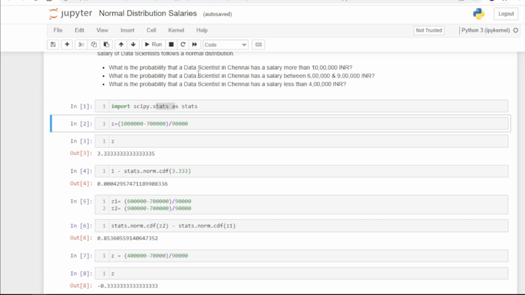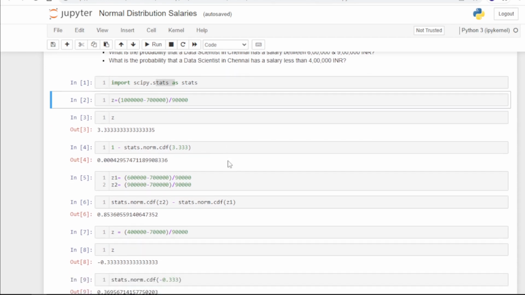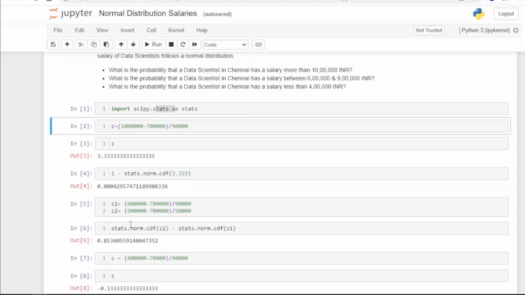Next question is, what is the probability that a data scientist in Chennai has a salary between 6 lakh and 9 lakh per annum? So again, for both of these values, we will get the Z-score for 6 lakh salary and above, Z1, and below 9 lakh, Z2.